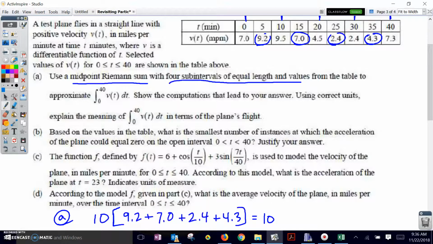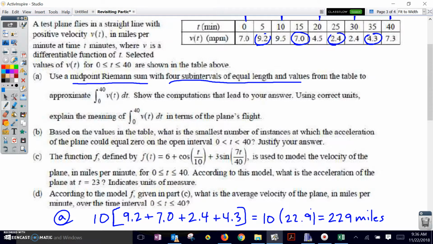That's 10 times 16.2, 18.6, 22.9. And so that's 229 miles the test plane would fly over that time period.